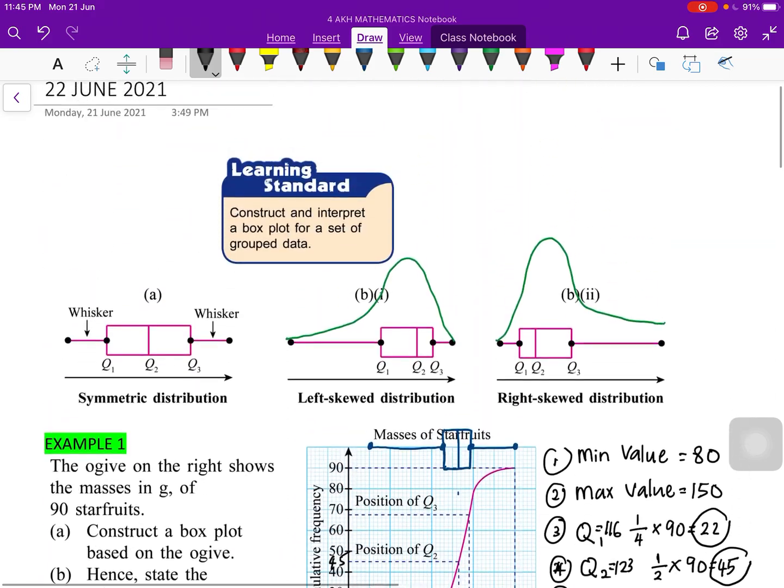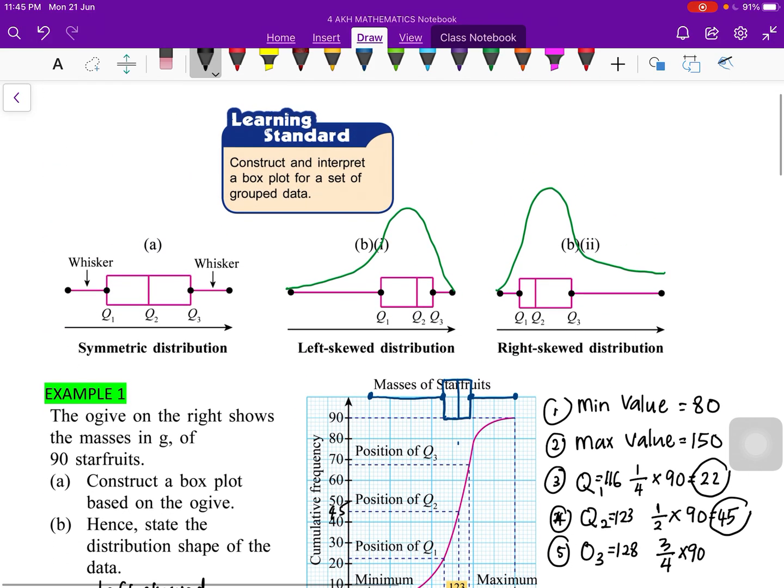So that's it lah. Okay, as a recap ataupun a summary, we have learned 3 learning standard. First, you should be able by now to construct and interpret box plot. So 3 types of distribution. How to construct box plot?